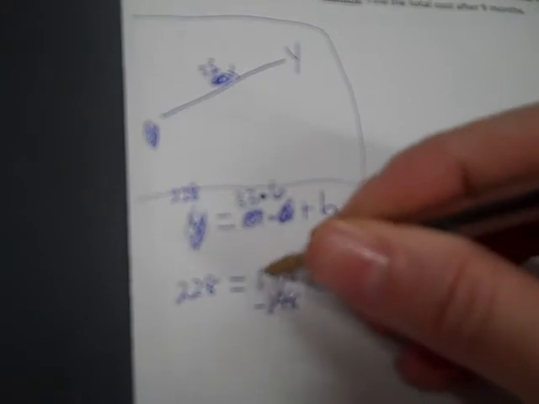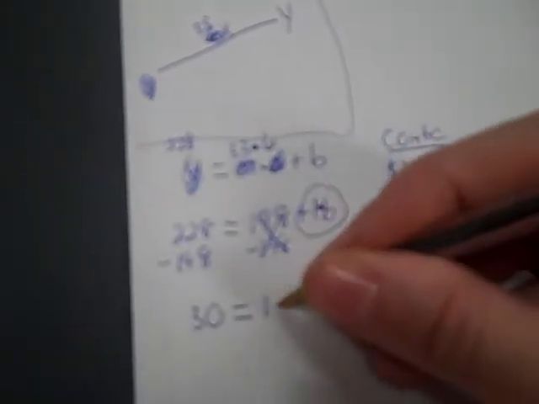So minus 198 and minus 198. Okay, so I take 228 minus 198, and that's 30. So 30 equals 1 dot b, but having 1 there, I can divide by 1, but I would suggest you just cross it out as long as it's a 1, which it always is on b. So that 30 goes here.